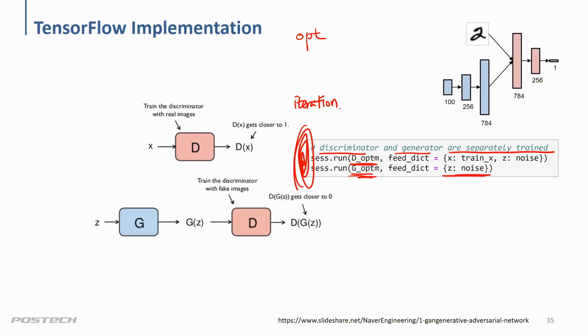For the discriminator, we can take the input from the true values in the training data set, or from the generator, starting from noise. So this is how we implement it.